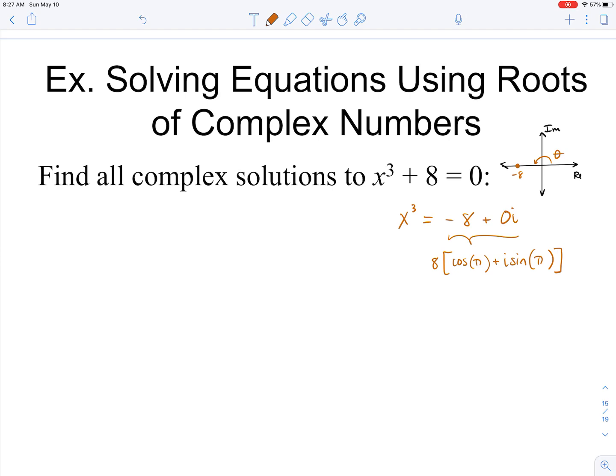use the nth root theorem in order to find the complex solutions to the equation x cubed plus 8 equals 0. I'm going to call the first solution x sub 0. So applying the nth root theorem, I would take the modulus 8 and raise it to the 1/3 power, and then I'm going to divide pi by 3.